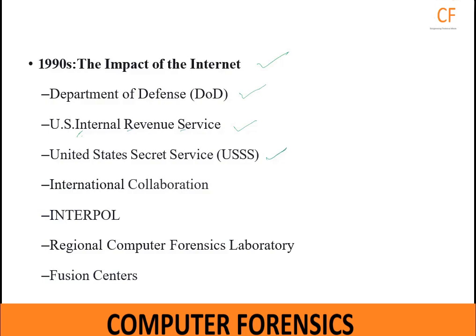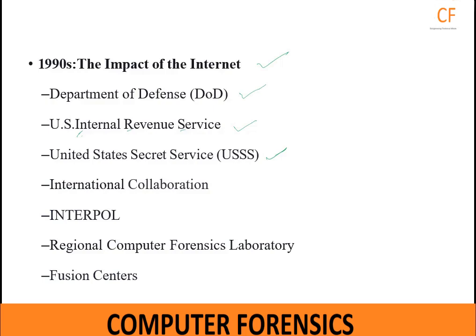We often think of the United States Secret Service (USSS) as solely providing protection for the Commander-in-Chief, the President of the United States. However, the federal agency has a relatively long and distinguished history.